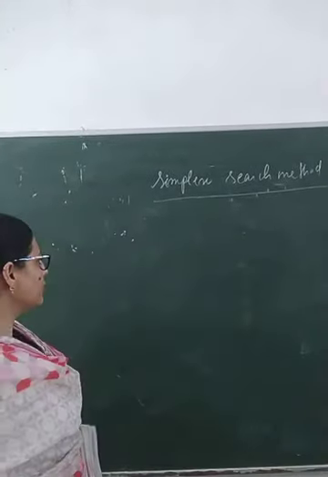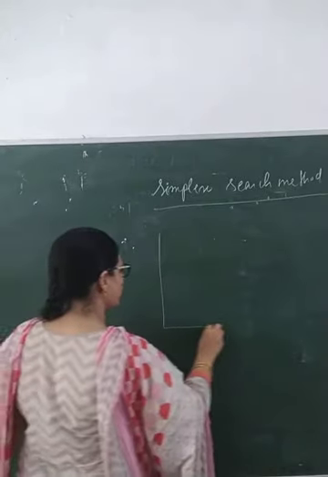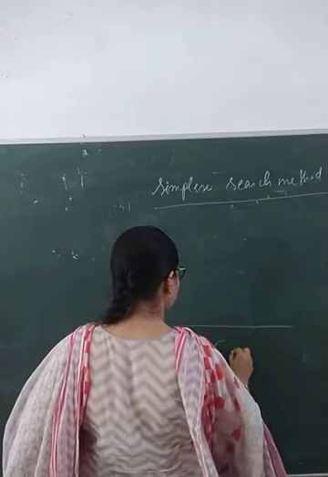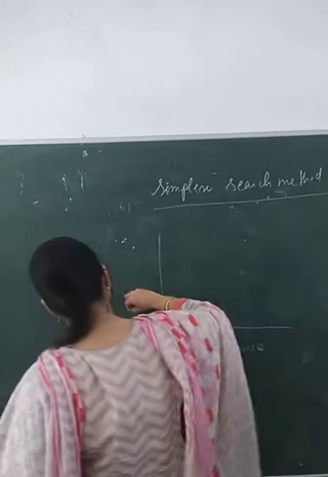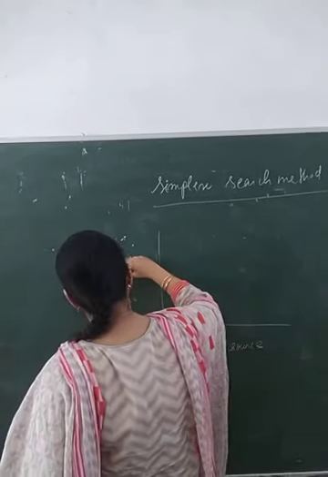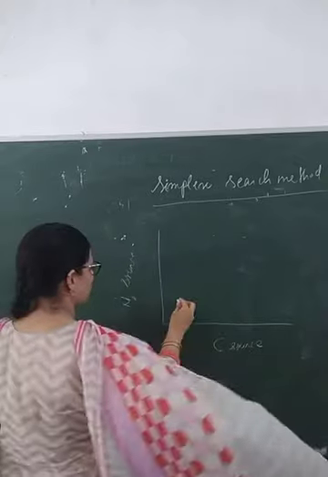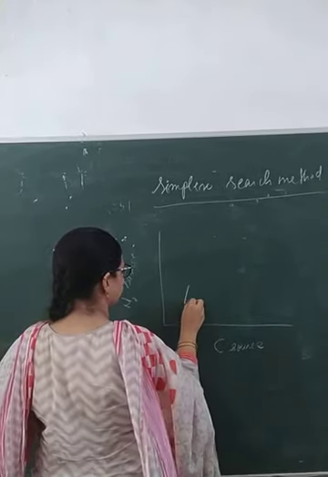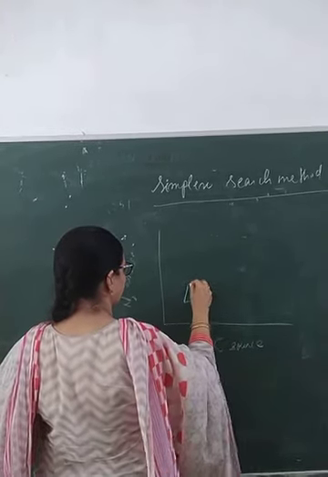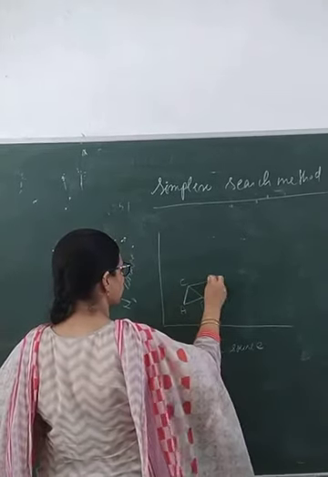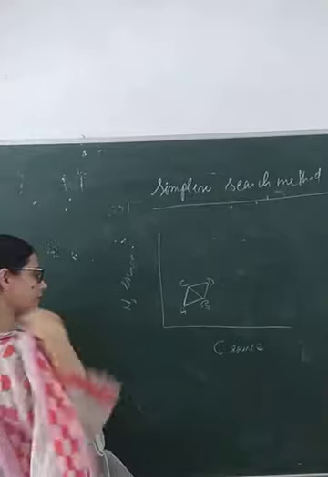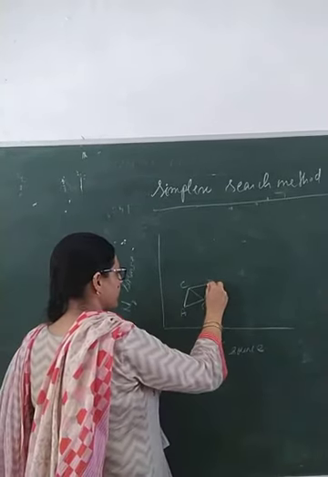So again we are drawing the plot having the carbon source and the nitrogen source. We have done till here A, B, C and D. Then we have to move in a crab-wise manner.